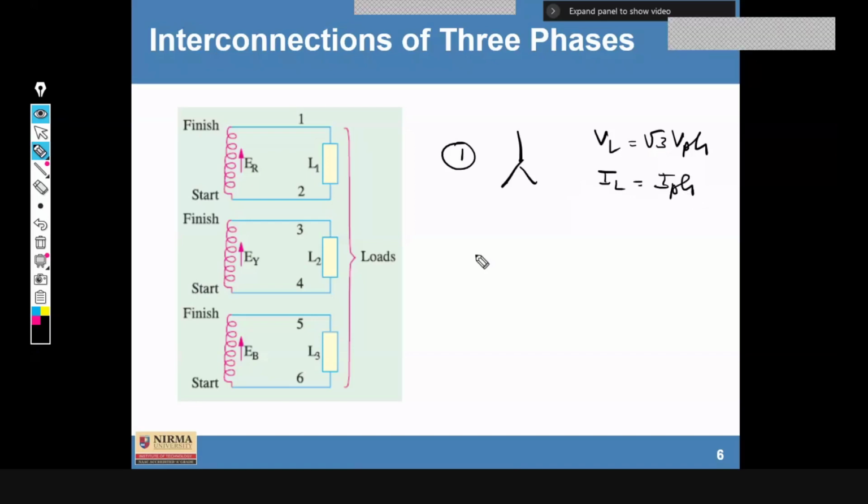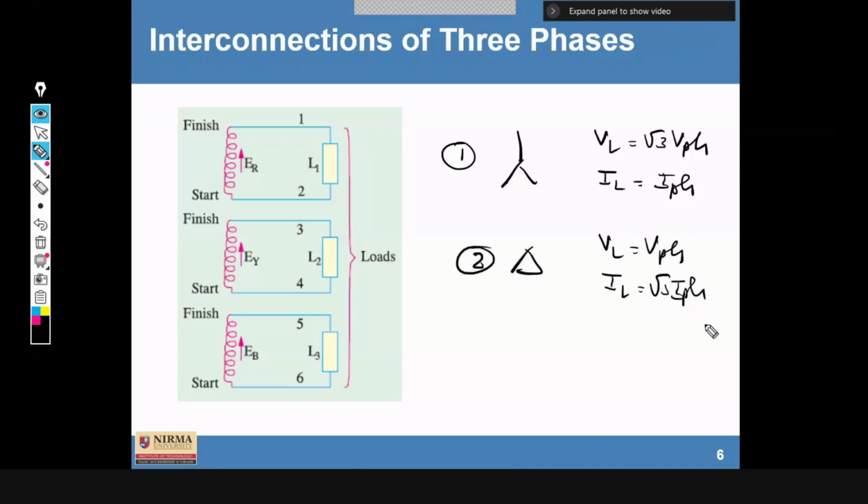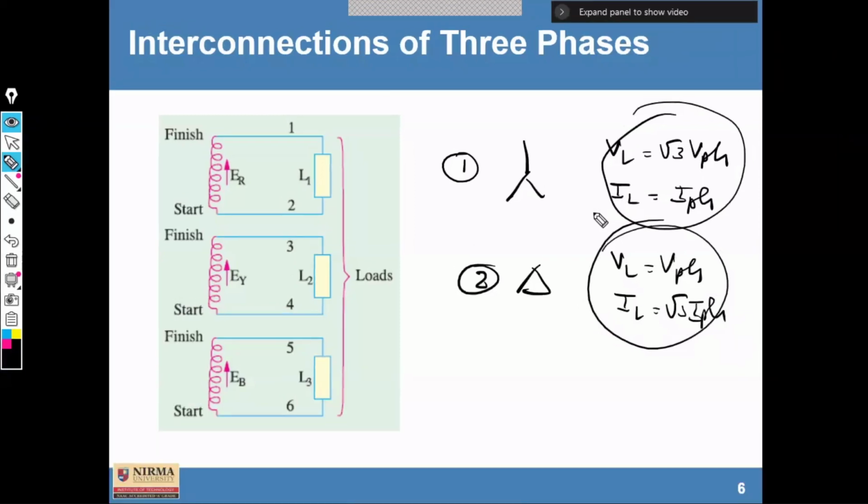Similarly, for delta connection it is reversed: VL is equal to VPH and IL is equal to root 3 IPH. Based on this, we can derive and prove these equations for star as well as for delta.